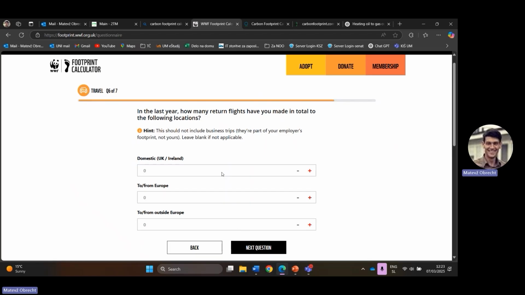And here we have return flights. Flying is one of the biggest impacts on the environment from the carbon perspective. We can see how many domestic flights there are. This is for the UK calculator, so domestic flights are calculated for the UK case, but we can do it on the basis of travel to and from Europe, so all the travel within Europe.